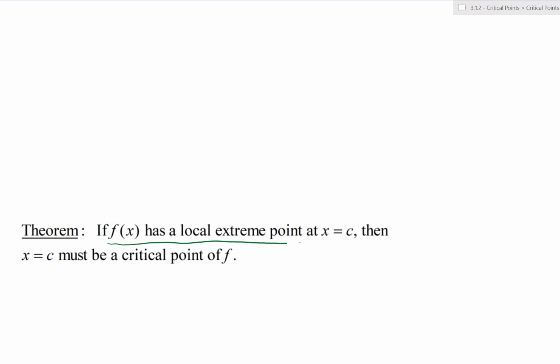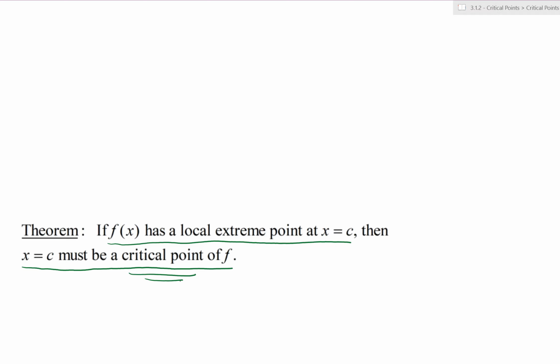a local extreme point at the location x equals c. So we're saying we know there's a local extreme point there. Then what must be true? Well, then that location x equals c must be a critical point of the function f. However, the converse is not true, right? As we saw, if you have a critical point, you don't necessarily have an extreme point.